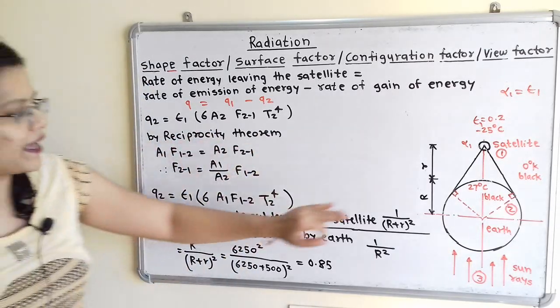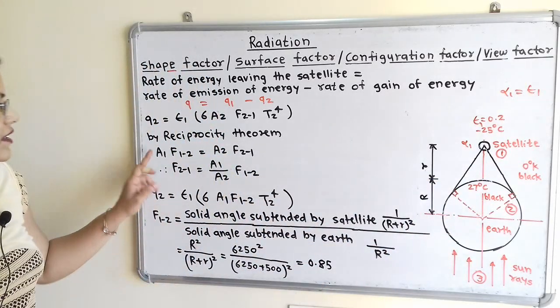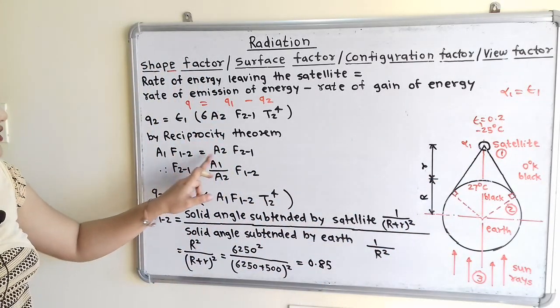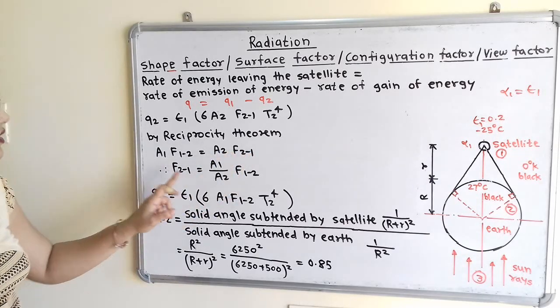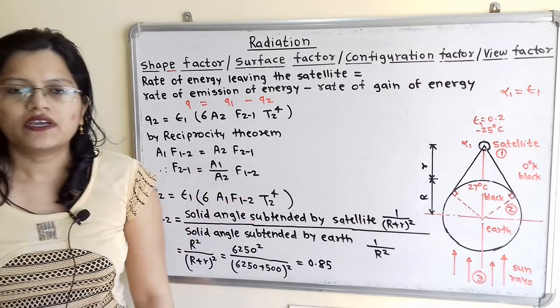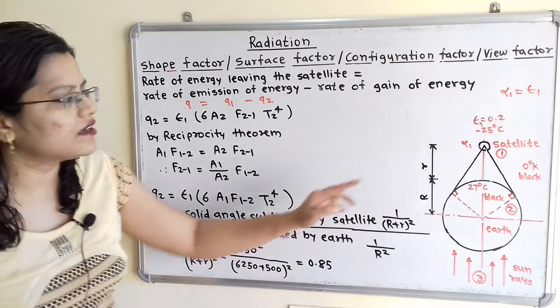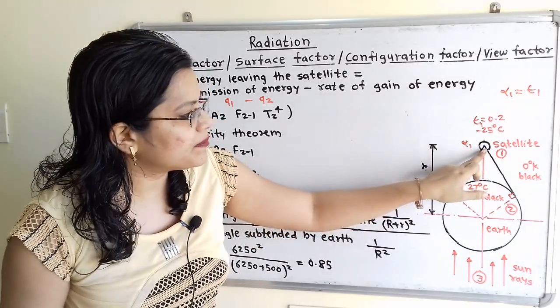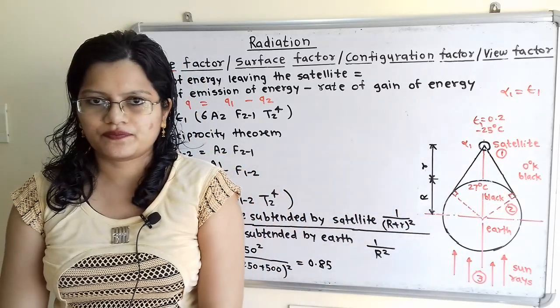So if we apply the reciprocity theorem for this satellite and this earth, then A1 F of 1 to 2 is equal to A2 F of 2 to 1. So what is the value of F of 2 to 1? That is equal to A1 by A2 F of 1 to 2. Now we have to find out the value of F of 1 to 2, that is the radiant energy emitted by the satellite that reaches the earth.